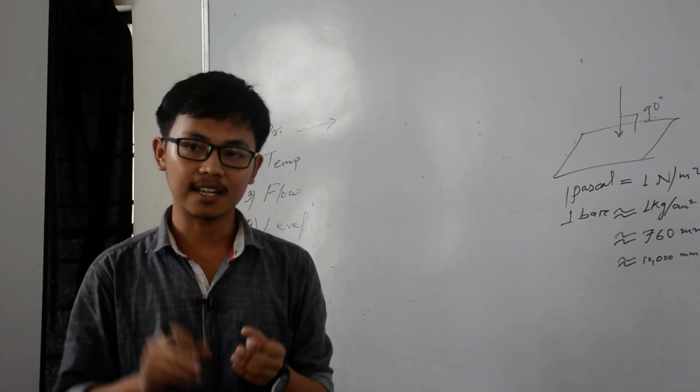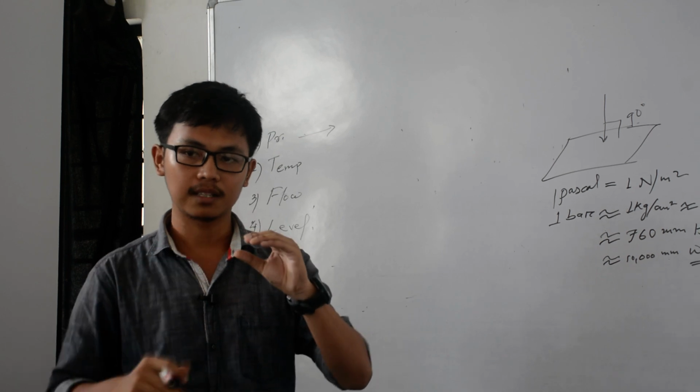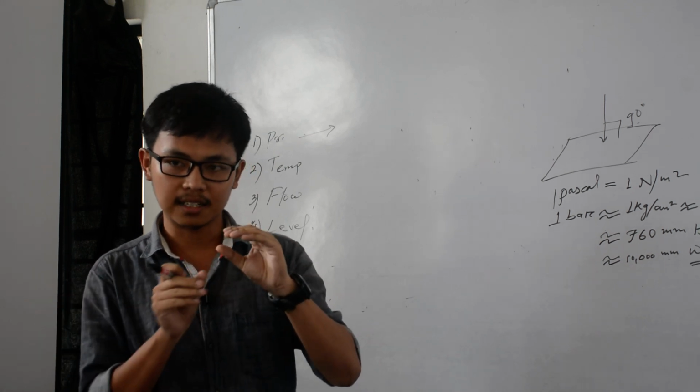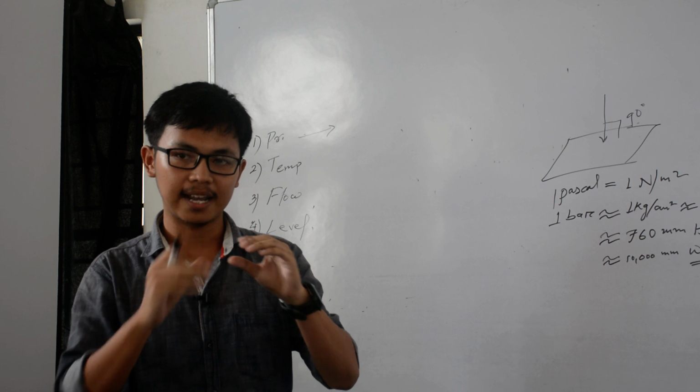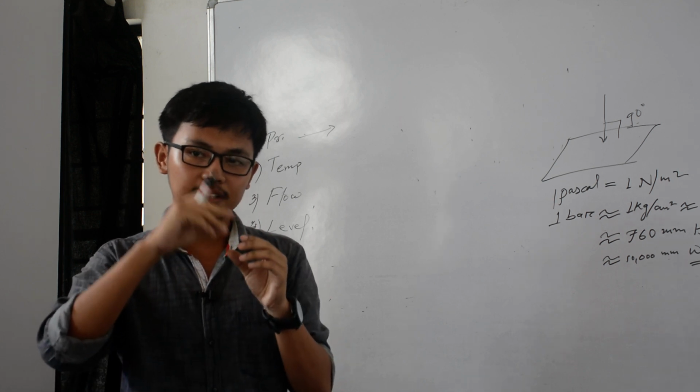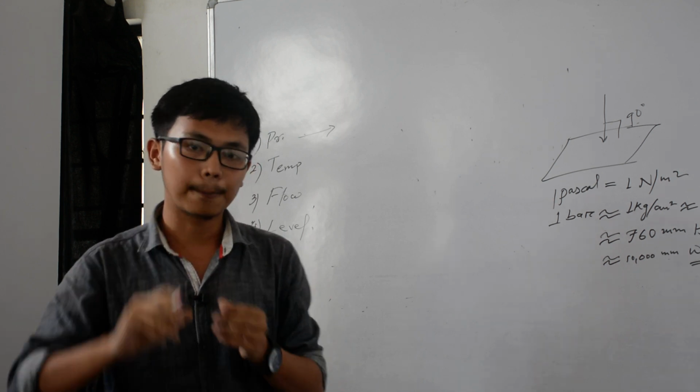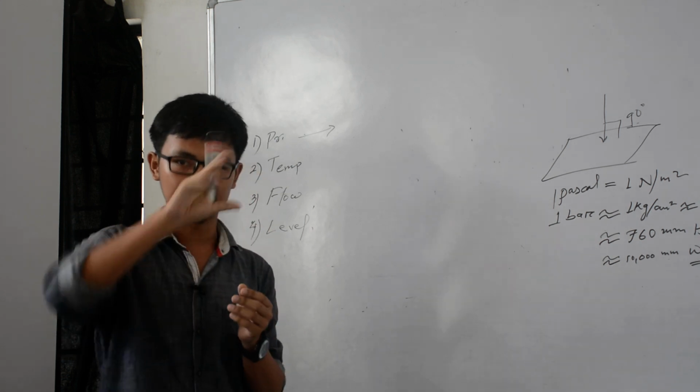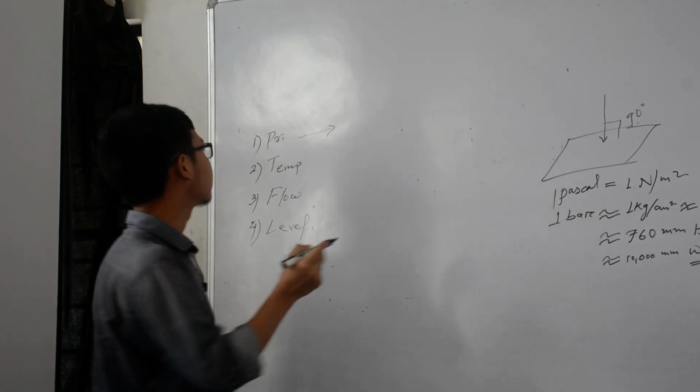To avoid that, we use a diaphragm. The working fluid just gets in touch with the diaphragm plate and expands the fluid inside, and that shows the result in our meter.